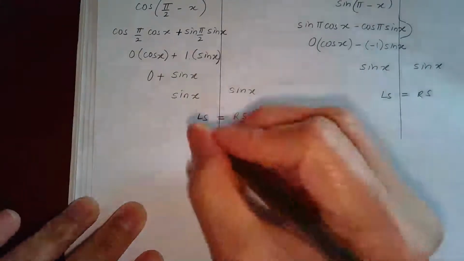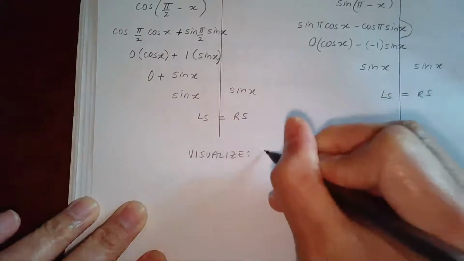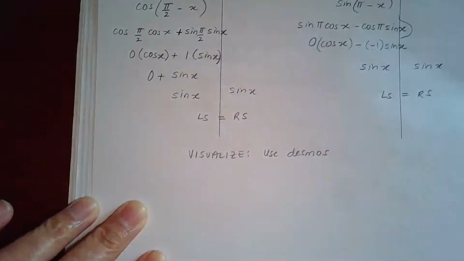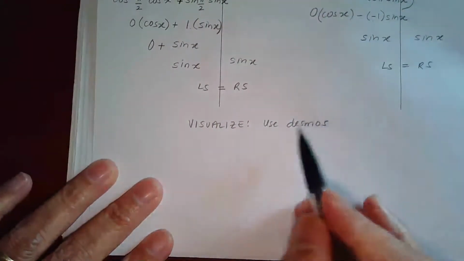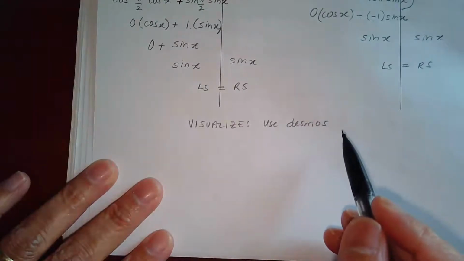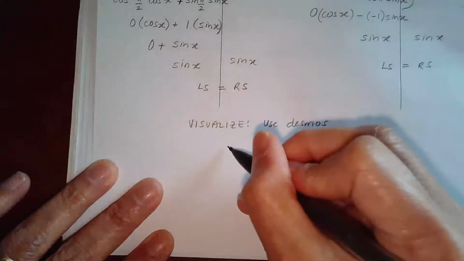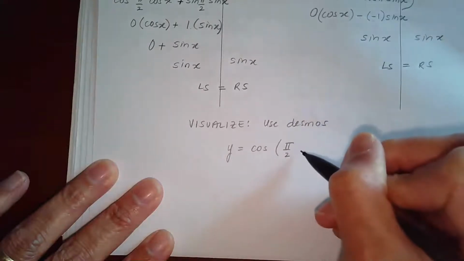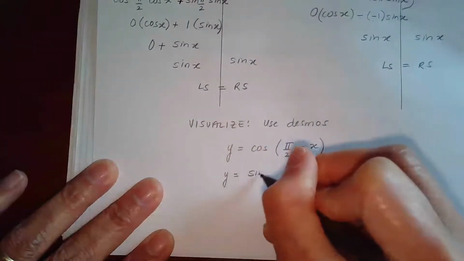To visualize this, you can use Desmos. We've used Desmos in class before when we were doing transformations and all that, but you can use Desmos in your browser, and then you can just type in y equals cos of (pi by 2 minus x), and then the other one is y equals sine of x.